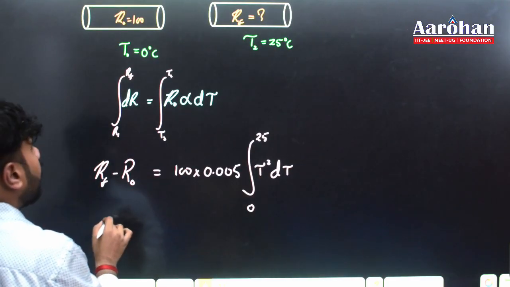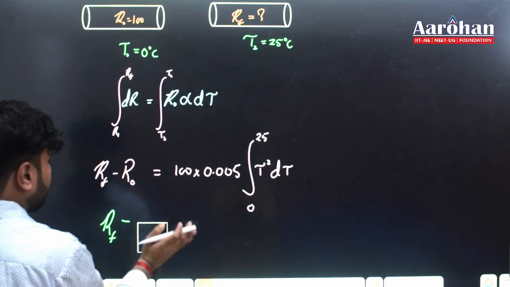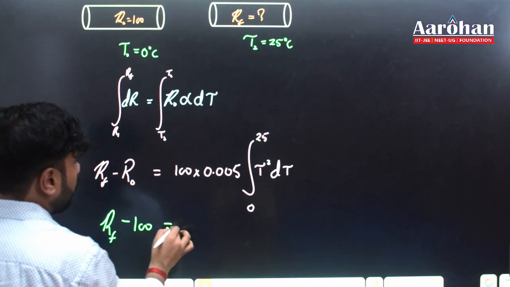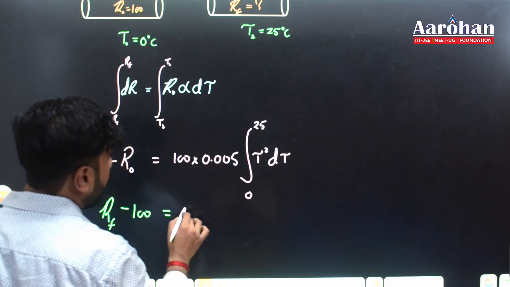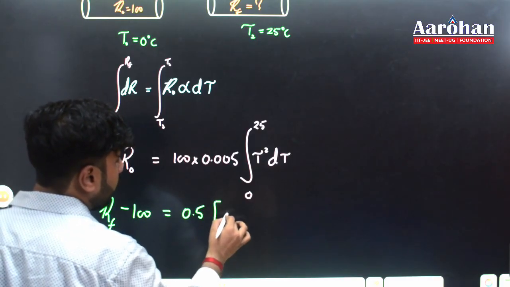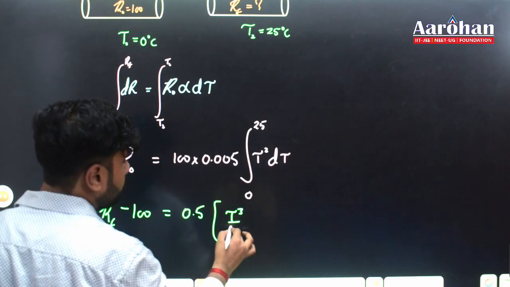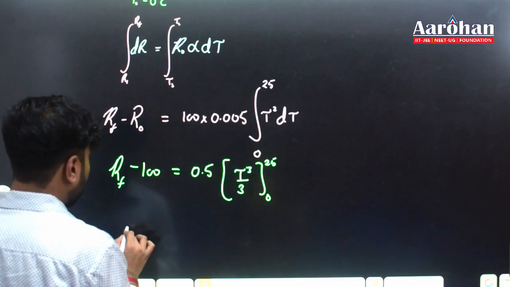What was R_F? R_F we have to calculate. R naught was 100, and this will be 0.5. This integration will give you T cubed by 3, from 0 to 25.